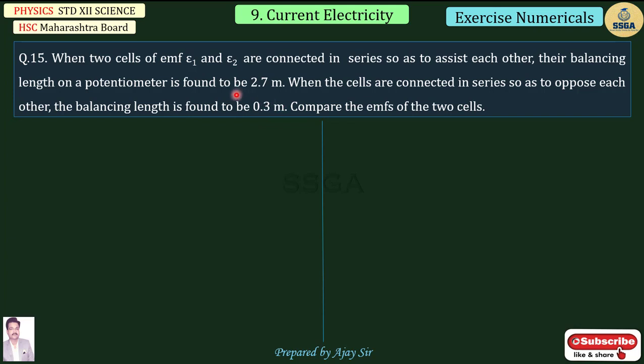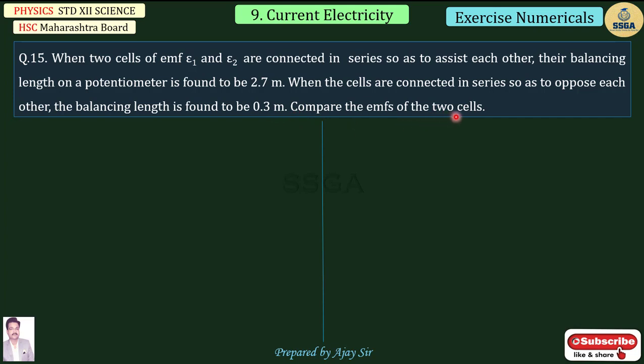So this is the condition given. Assist means E1 plus E2, in that case balancing length is 2.7, and when cells are in oppose, then EMF is E1 minus E2, in that case balancing length is 0.3 meter.